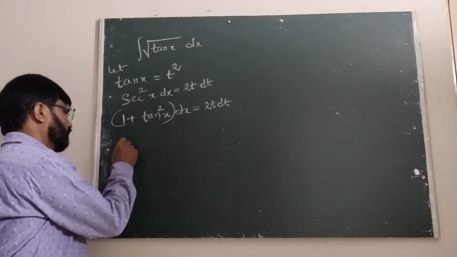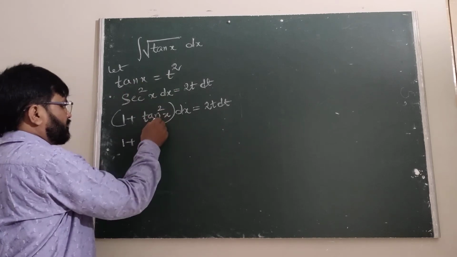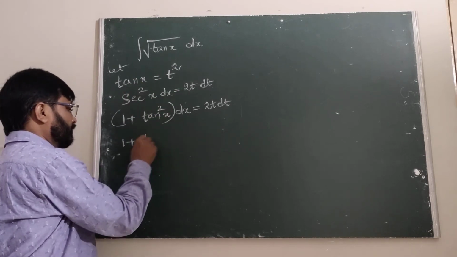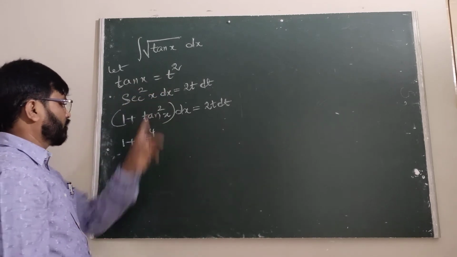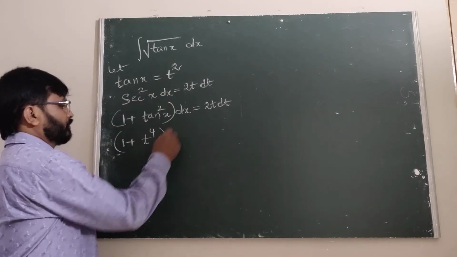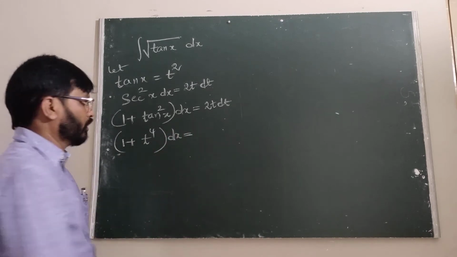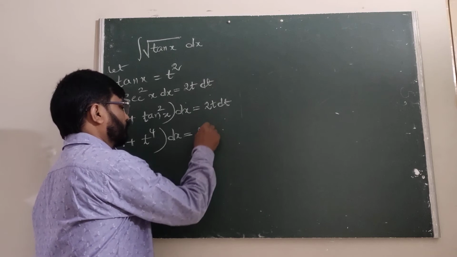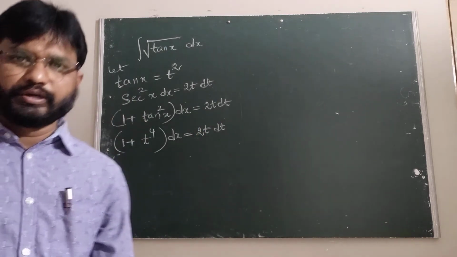Now this is 1 plus t square whole square, which is t power 4, into dx equals 2t into dt.